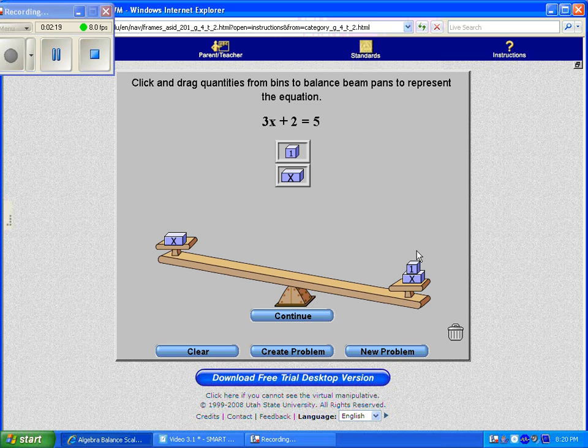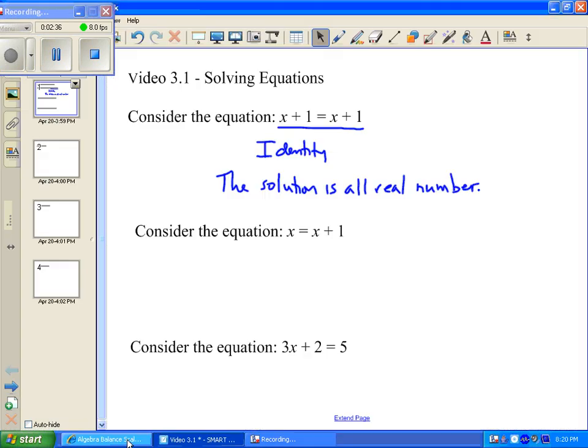And think for a moment. I want to take a number such that when I take that number and add 1 to it, it's the same as the number. Now, if you think about that for a minute, there's no number that will satisfy that condition. Because whenever I take a number and add 1 to it, it doesn't stay the same.